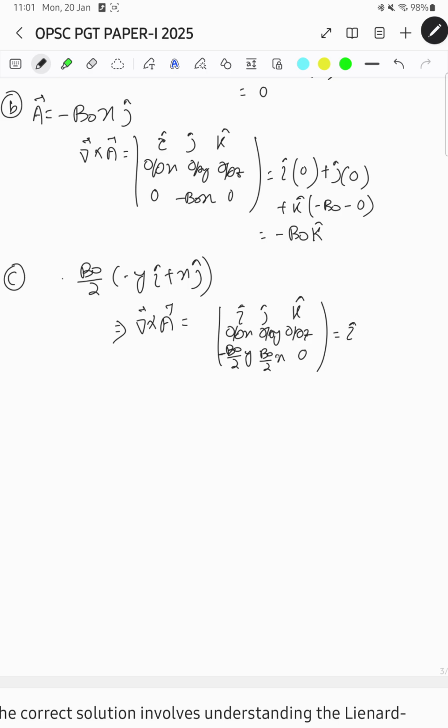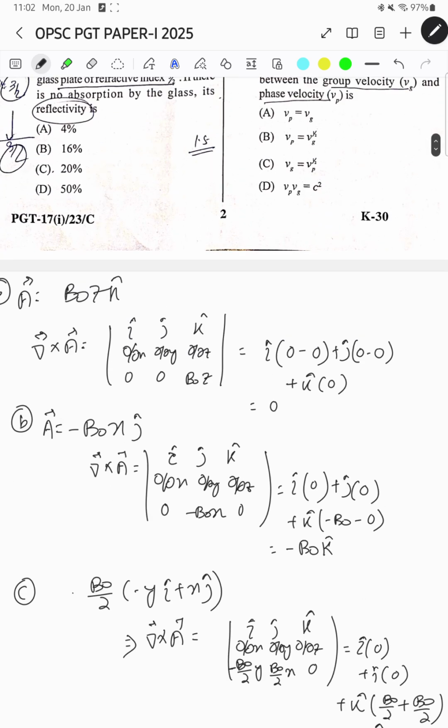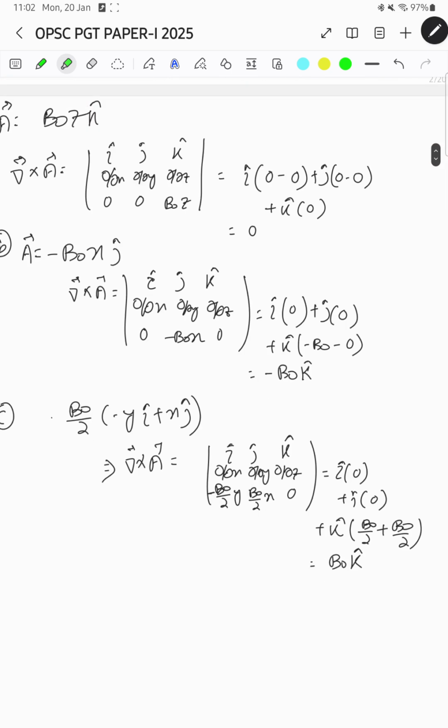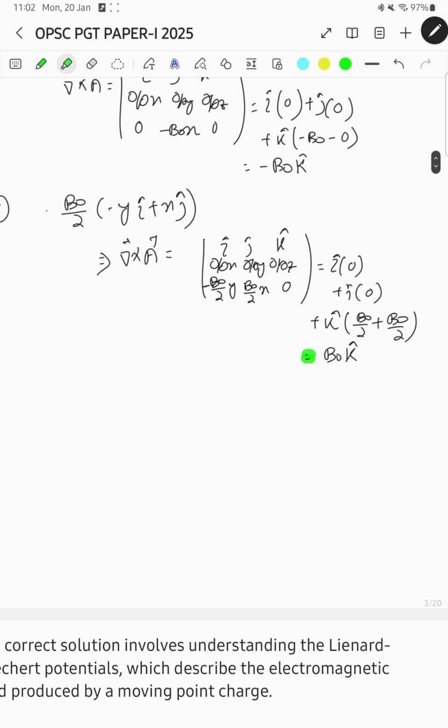So i cap will be 0, plus j cap will be 0, plus k cap will be dou by dou x of B0 by 2 x, so that will be B0 by 2 only, minus dou by dou y of minus B0 by 2 y, so this will be plus B0 by 2, and we are getting B0 k cap. Okay, in our question it is asking the magnetic field should be B0 k cap, and from option C we can see we are getting B0 k cap.